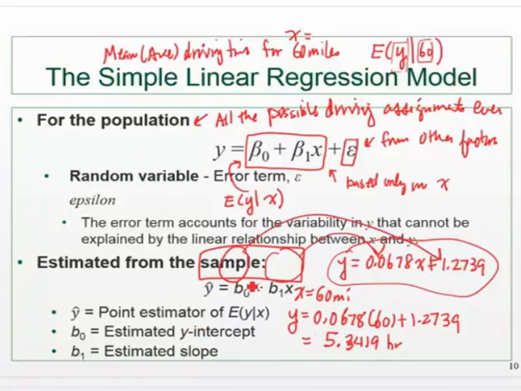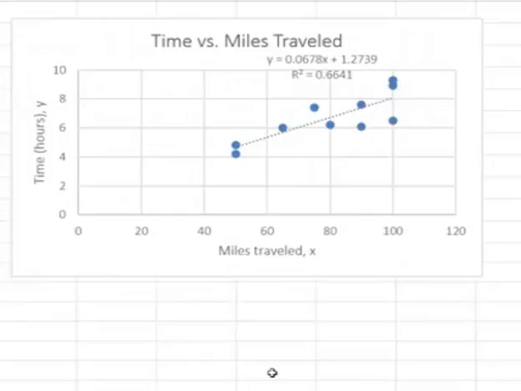Okay, and what do you call this? This is called the y-intercept, b sub 0, and b sub 1 will be called the estimated slope because it's multiplied by the x variable. So if I were to extend this line, that should be about 1.27 over there.